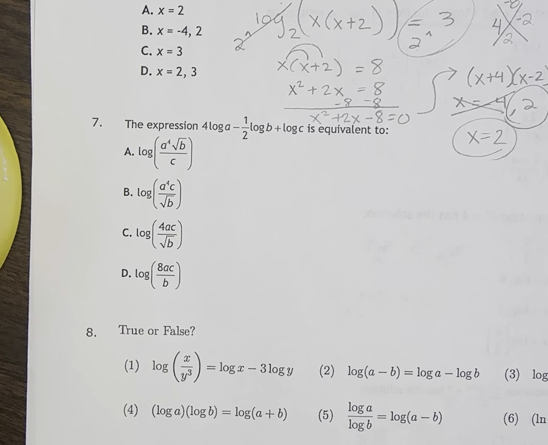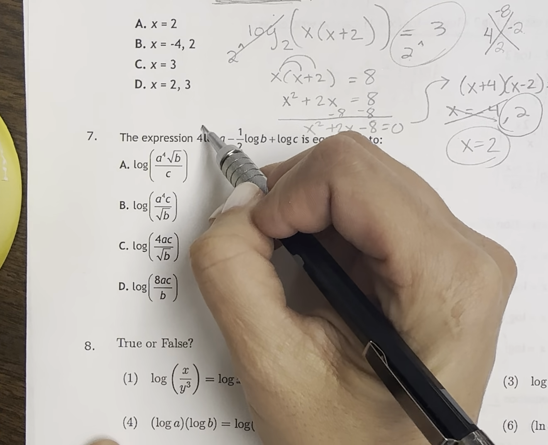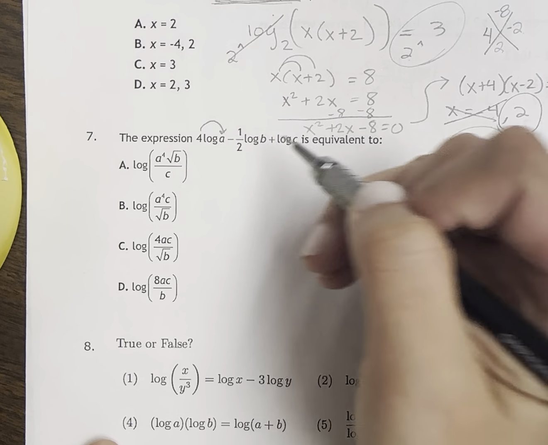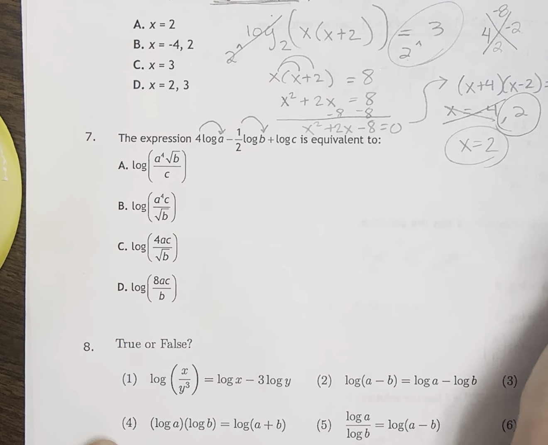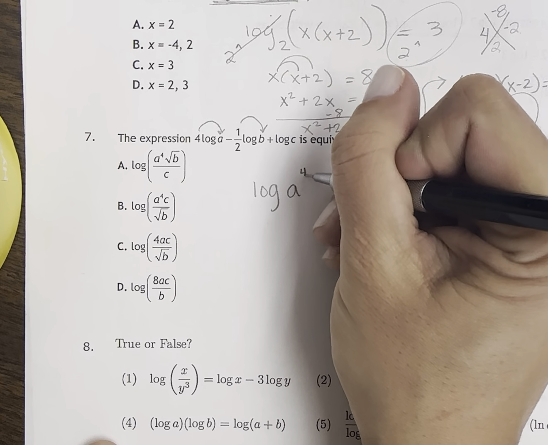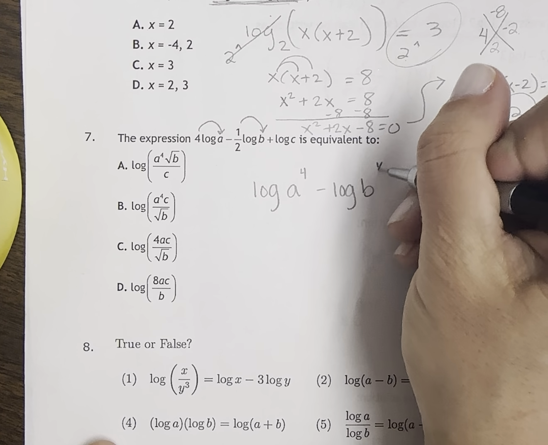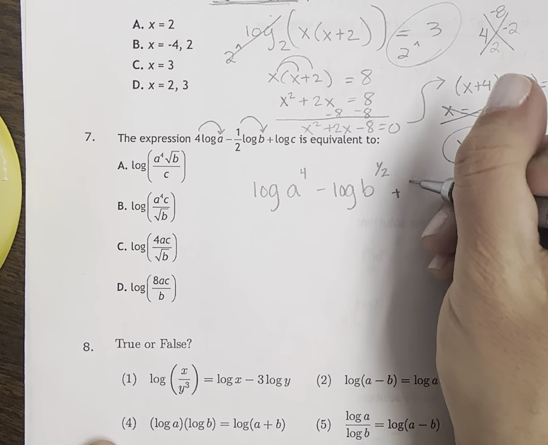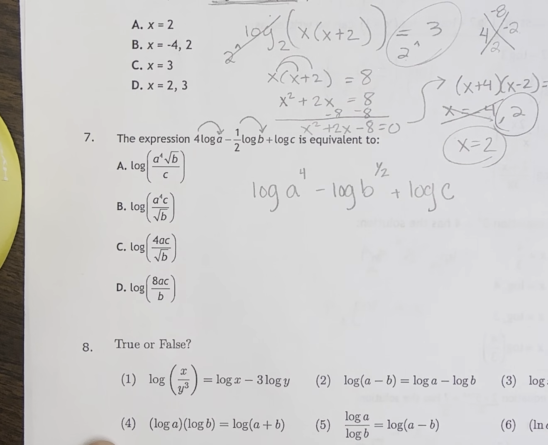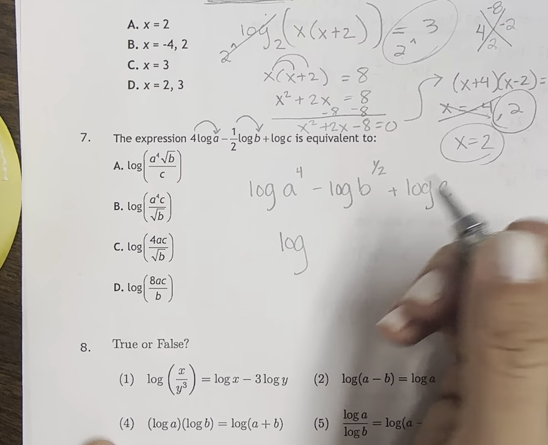Okay. And here we go. Combine. Let's do this. Coefficients go up. So step 1, this is log of a to the 4th power minus log of b to the 1/2 power plus log of c. And now let's combine.